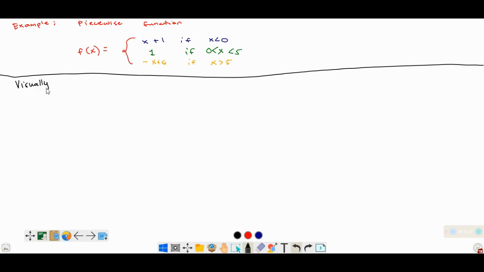So, visually, you can look at the graph of the function. And then, examine the graph to see if they increases or decreases within a given interval. So, I suggest that you install Desmos application.